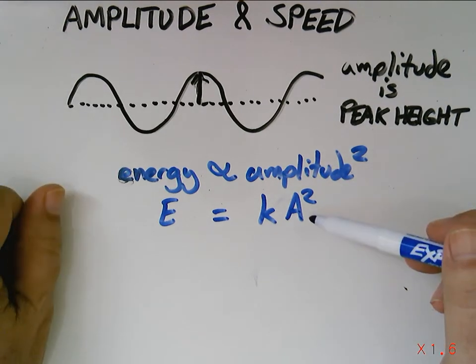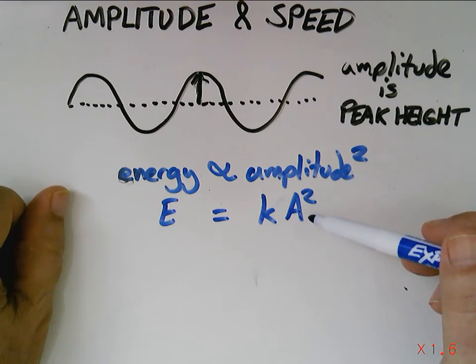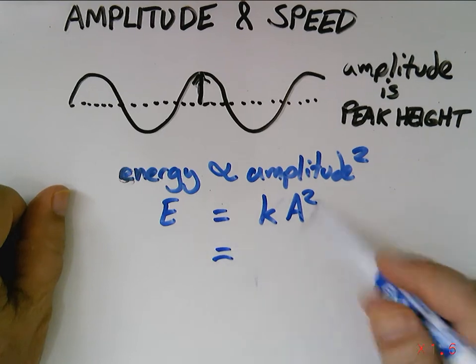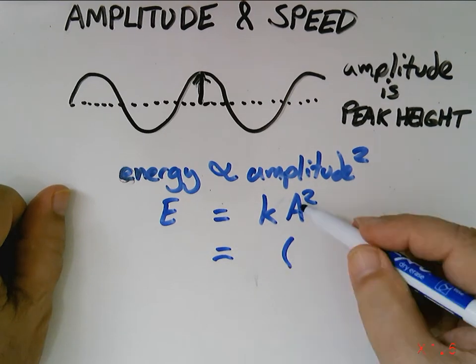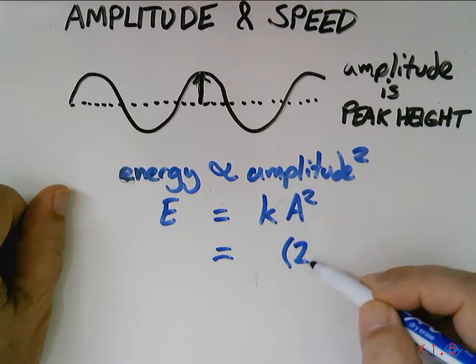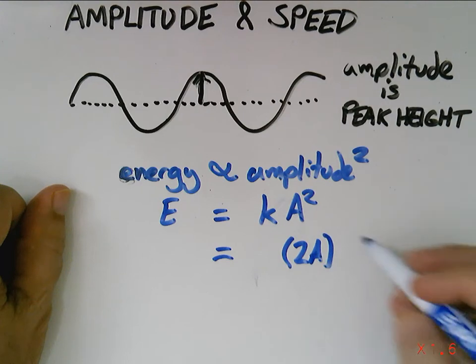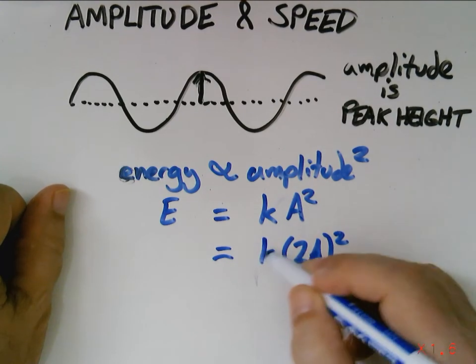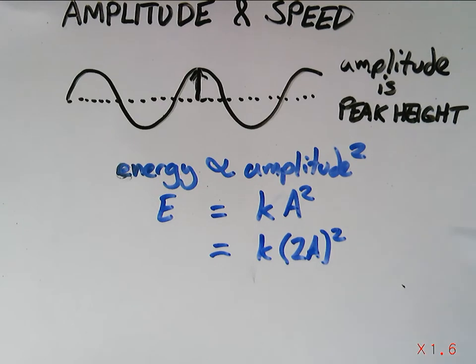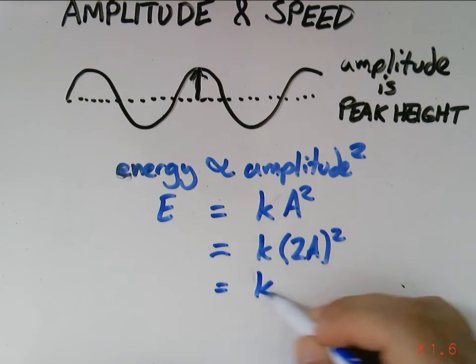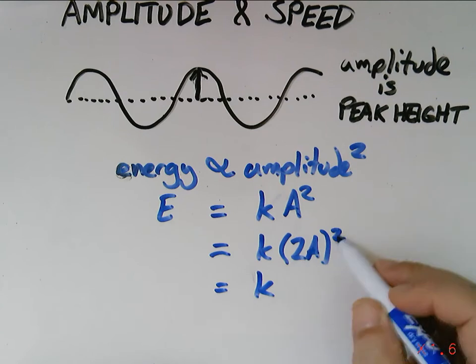Now, here's the important thing about that. What happens if I double the amplitude? That's like where every place I see an A up here, I put a 2A. So I'm replacing A with 2A if I doubled the amplitude. What's going to happen to the energy? Well, if I take the parentheses off here, 2 squared is 4.